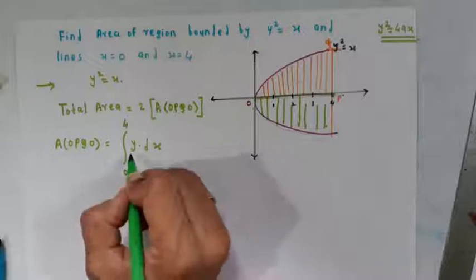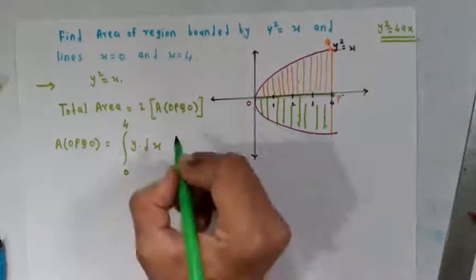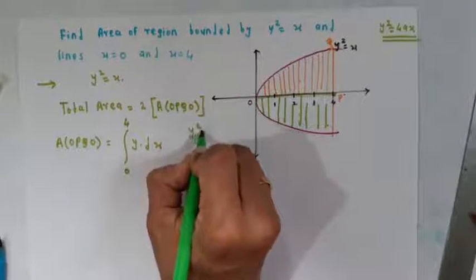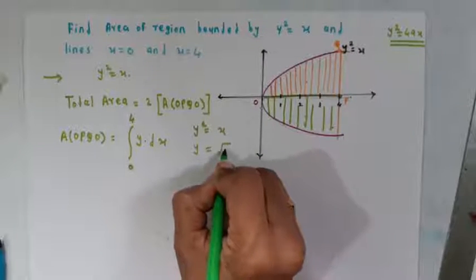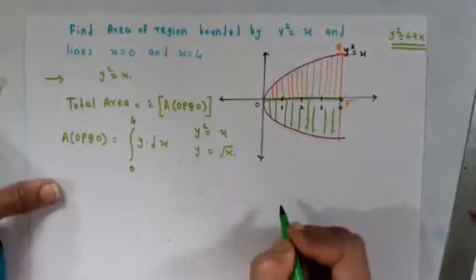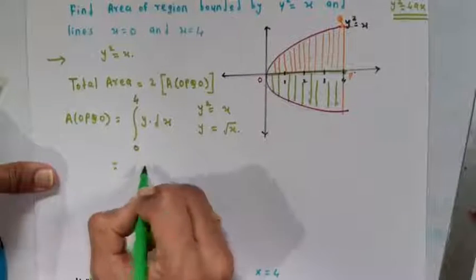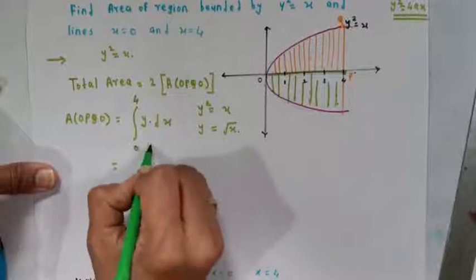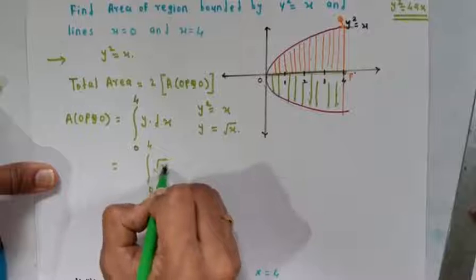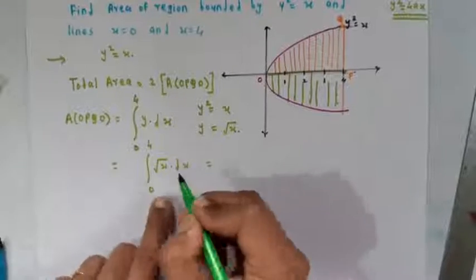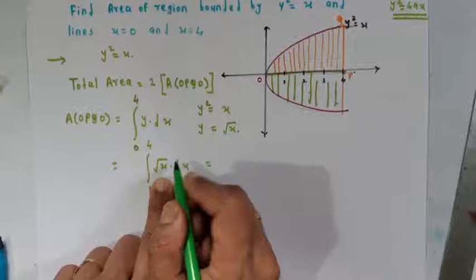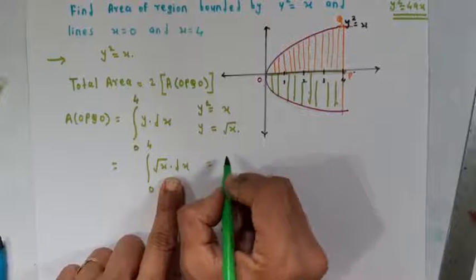Now let us find out the y function. As y square equal to x, taking square root on both sides, y equal to root x. So here 0 to 4 root x with respect to x. Root x means x raised to half.